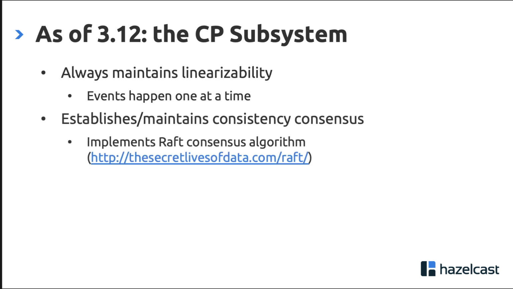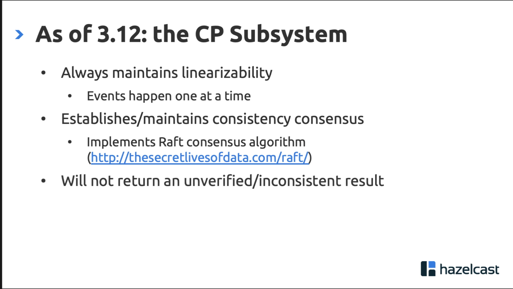The subsystem itself establishes and maintains consistency across the members using the Raft consensus algorithm. The Secret Lives of Data has an excellent animated tutorial that explains how Raft works to ensure consistency of data in a distributed system. If you would like to see this tutorial, click on the link on your screen. The Raft algorithm ensures that data is unavailable until it has been replicated to all cluster members, ensuring consistency across the cluster.